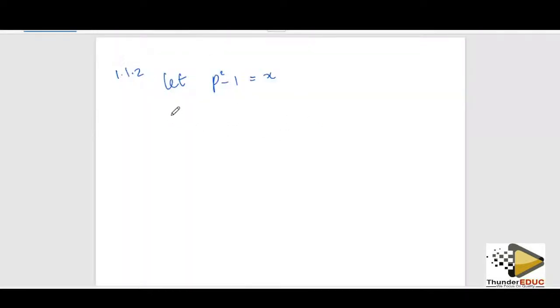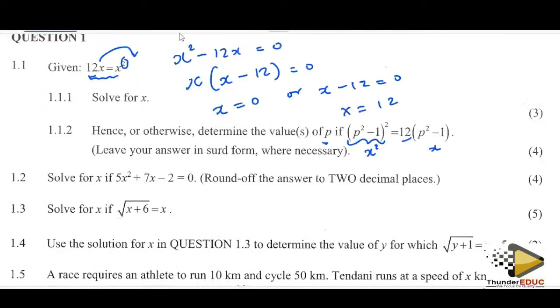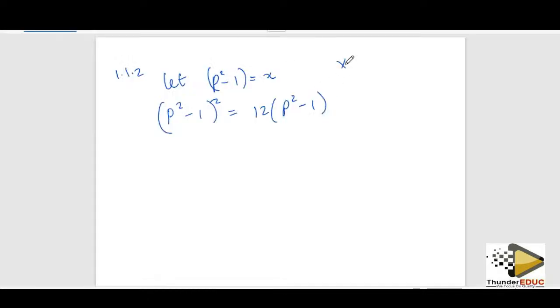So the question is telling us that on this side, it's p squared minus 1 squared is equal to 12 into p squared minus 1. So if p squared minus 1 is x, what answers did we get for x? Okay, remember from our previous question, we said x is 0 or x was 12.